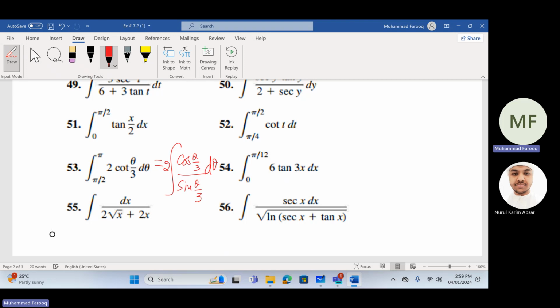Next step, take sine theta by 3 as u. Why did we choose sine? Please select cosine and check what I get. Because the derivative of sine is cosine. Actually, the derivative of cosine is negative sine, but what happened?